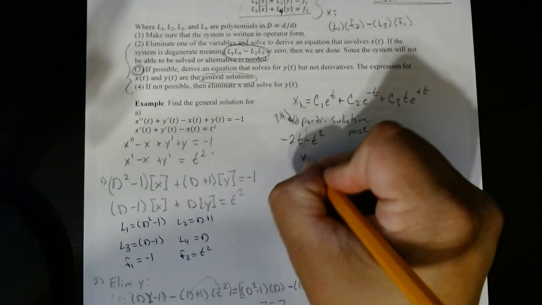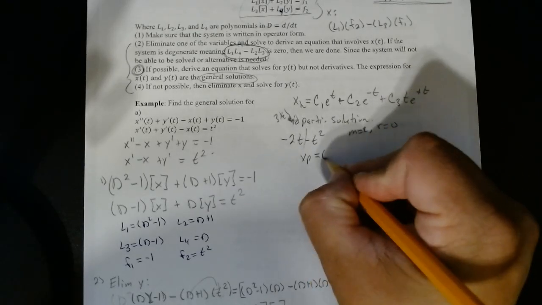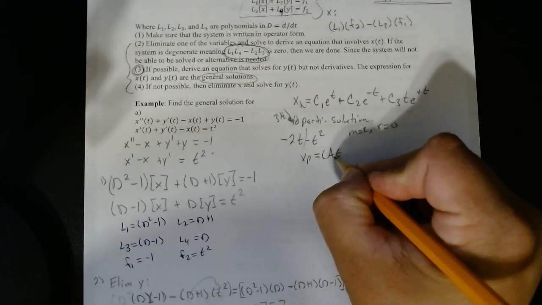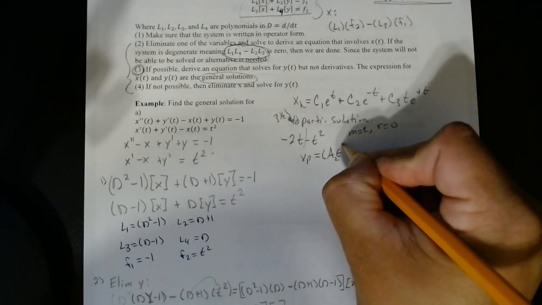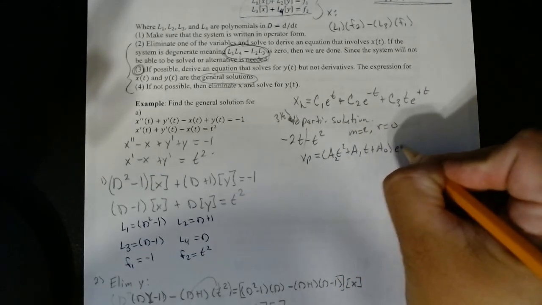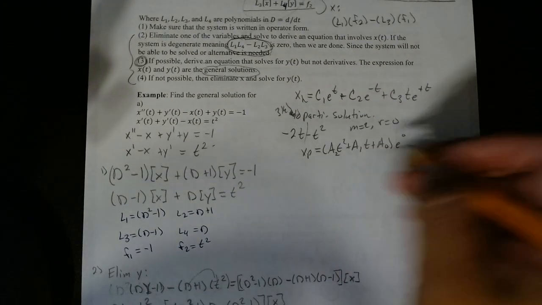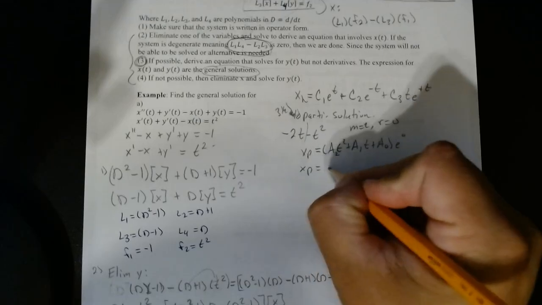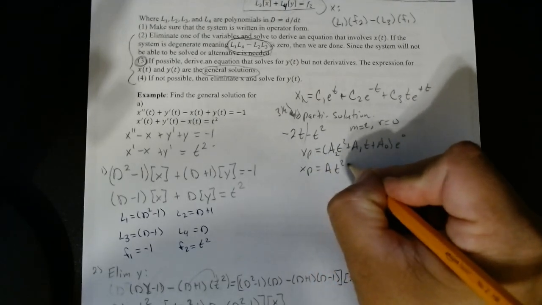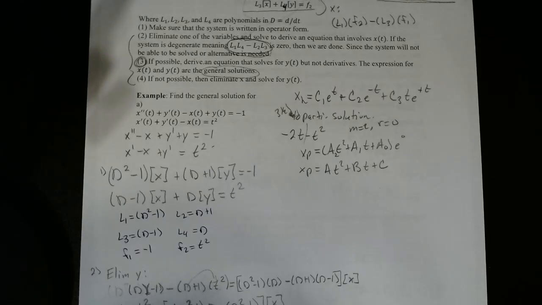So a particular solution will look something like this: A2 e to the 0. Or if you just want to use different letters, that.